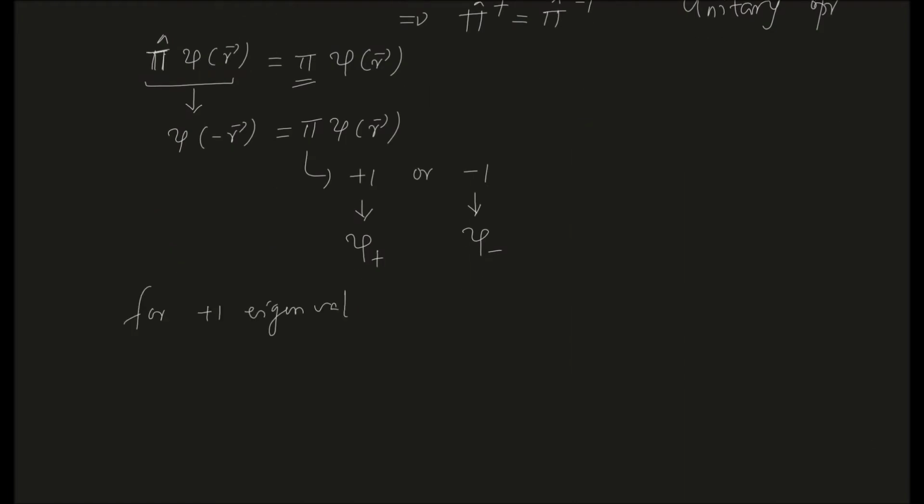Then for the plus 1 eigenvalue, you can write this expression as psi plus of minus r is equal to psi plus of r, and this is called an even wave function.